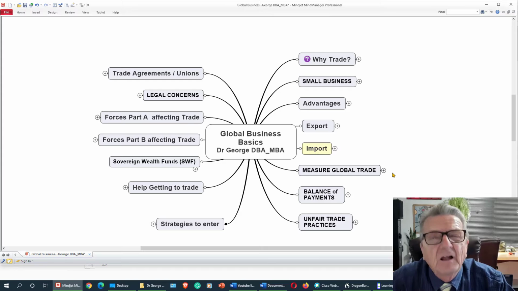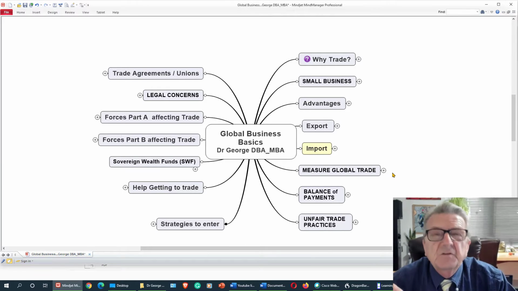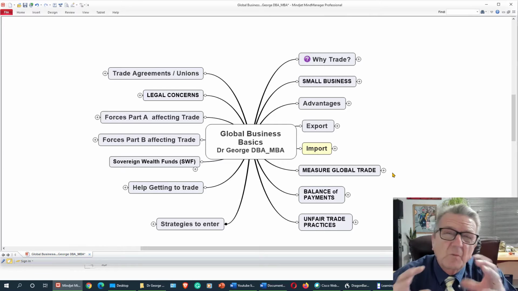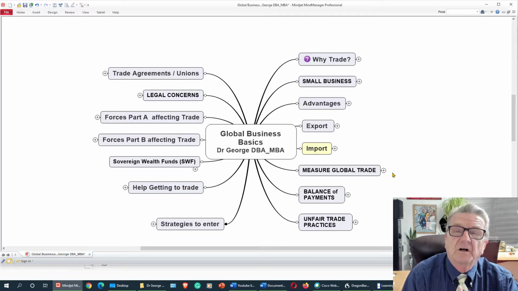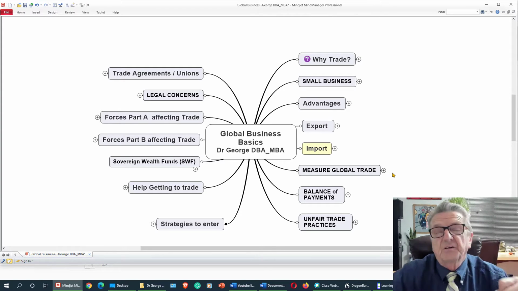And helping getting trade and strategies to enter. Strategies to enter, especially for small business, is not really that hard because you have Visa, your payment, everything else does the exchange rate for you, and the U.S. Mail and other agencies here will help you set up so you know how to send your goods or products to different countries, or how they send it back here.